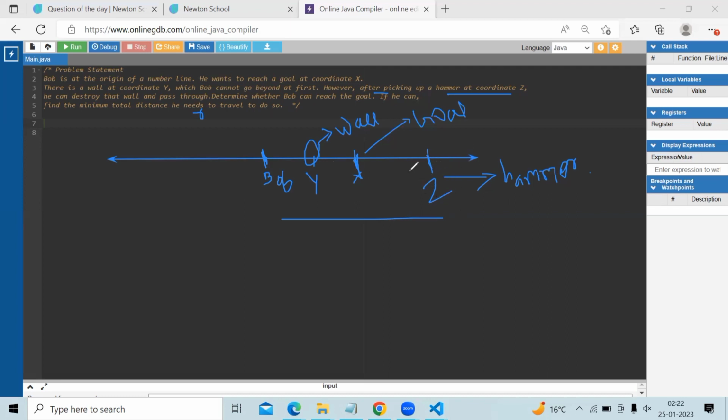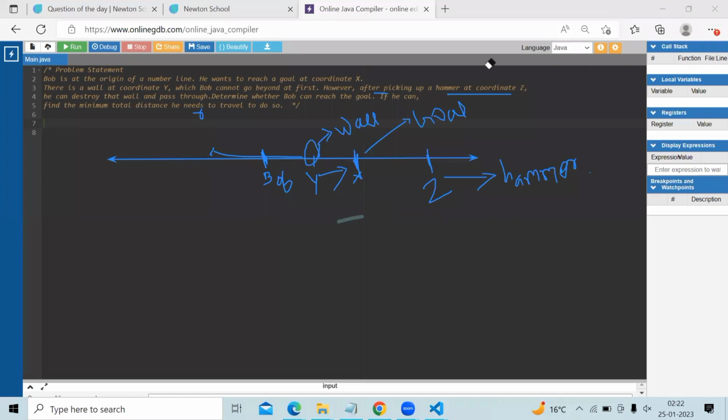If the hammer is present to the left of this wall, then only he can break this wall and Bob can reach this goal. So this is the example.